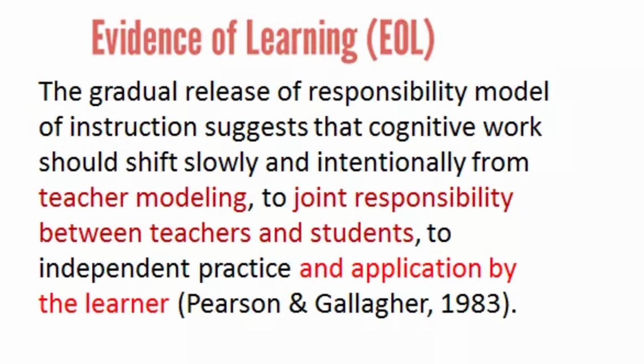The gradual release of responsibility model of instruction suggests that cognitive work should shift slowly and intentionally from teacher modeling, that's the first one, and then joint responsibility between teachers and students, to independent practice, and then lastly, the application of learning.